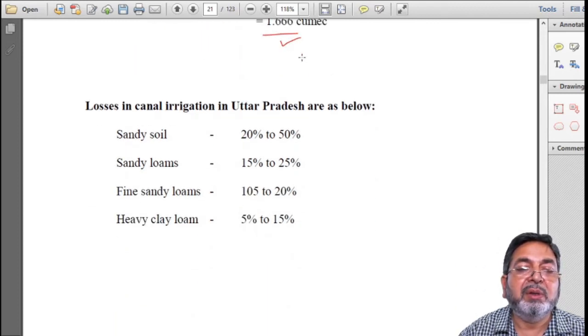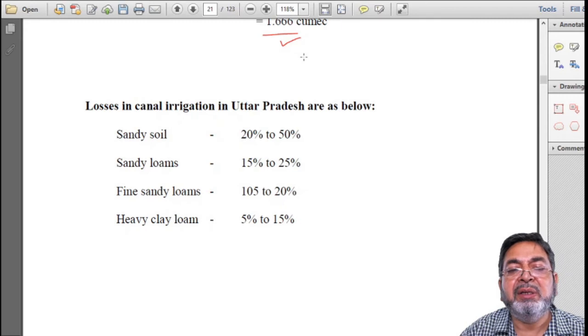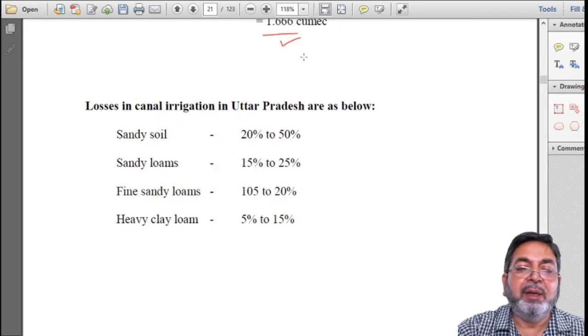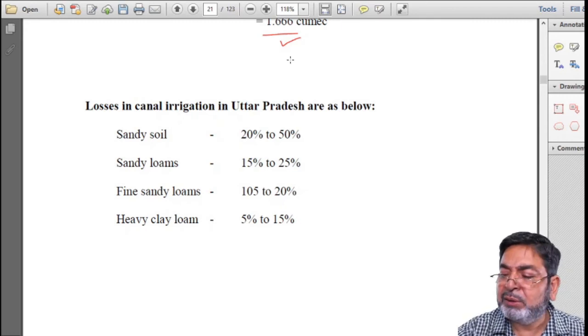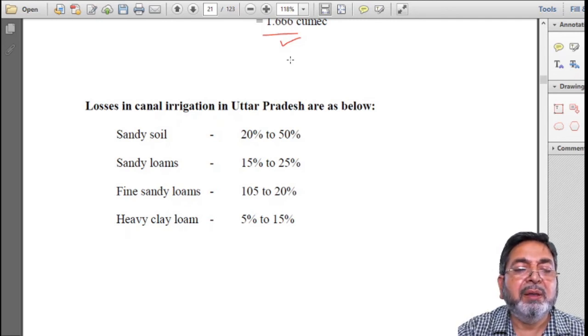Now, one more small topic is there: losses in canal irrigation in Uttar Pradesh. Here, losses of canal in different type of soil is given to you, and you can see here the maximum loss which is taking place is in sandy soil.